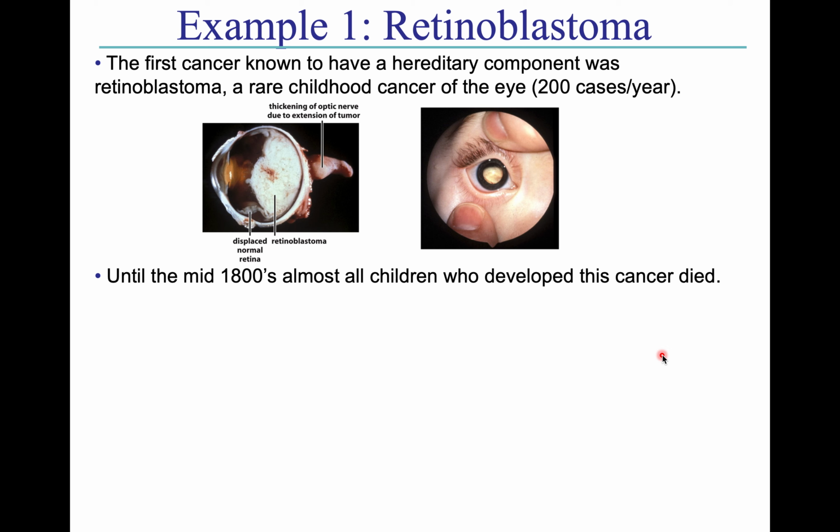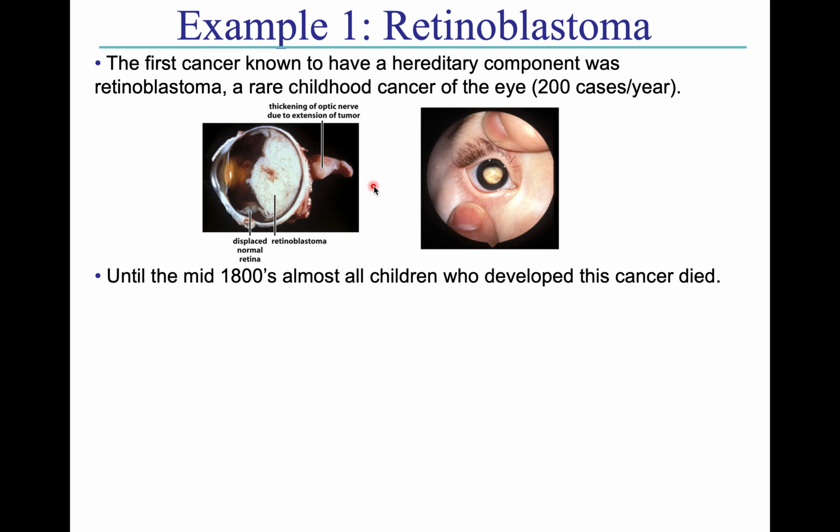So the first example I wanted to give you of a familial cancer is retinoblastoma. This is a rare childhood cancer of the eye, the retina, as the name would imply, only about 200 cases a year. And until about the mid-1800s, pretty much every child that developed retinoblastoma would die from that disease. You can see the big tumor in the retina here, and it would very easily spread down the optic nerve into the brain.